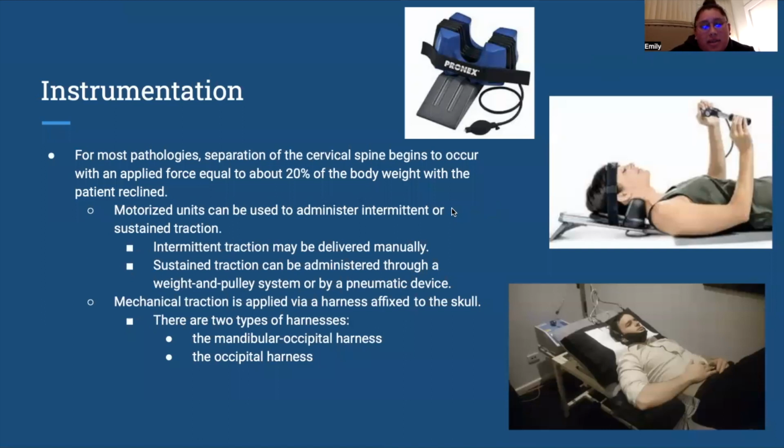The only thing with the mandibular occipital harness that you have to worry about is TMJ pathologies. If the patient has experienced any problems with that in the past, you wouldn't want to use that type of harness because it might cause irritation for them.